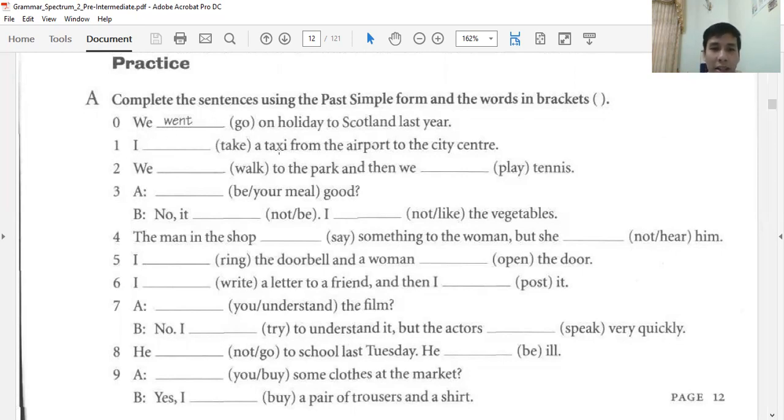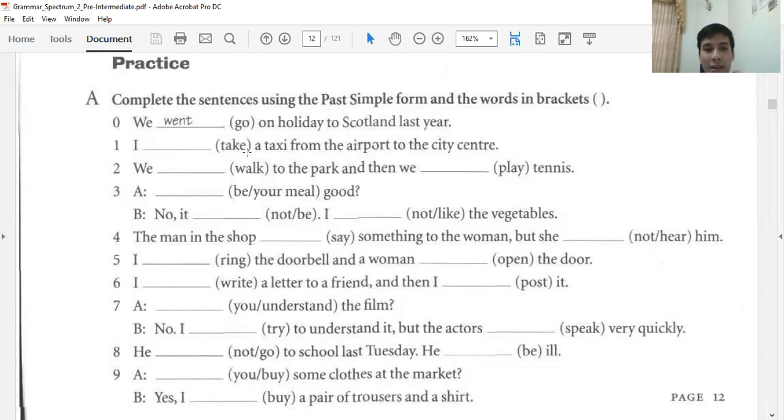I take a taxi from the airport to the city center. That means we talk about the past. There is no time expression, but because they want us to complete with the past simple, it refers to an action that happened in the past already and is finished.